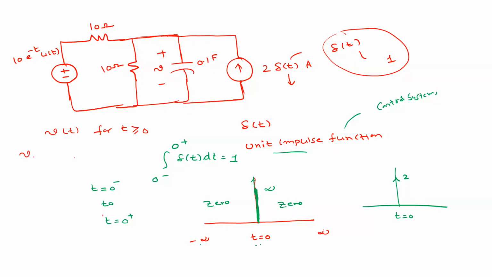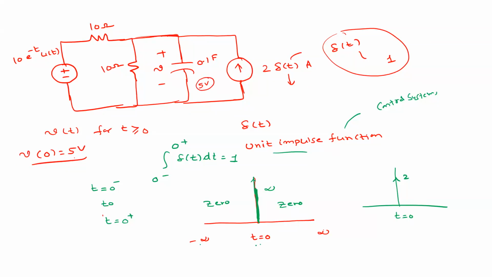V naught of 0 is equal to 5 volts. That is the voltage across this capacitor, so V of 0 equals 5 volts. The initial voltage across this capacitor is 5 volts.